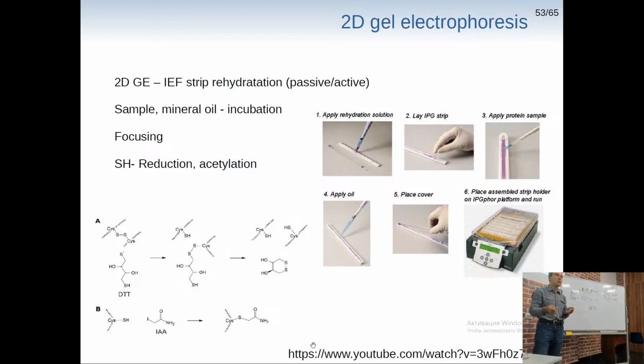Pay attention to how to do this, because there are three different ways, and the way you rehydrate them depends on the molecular mass of most of the proteins of your interest. Whether you're interested in low, middle, or high molecular mass, there are three different ways of rehydrating these gels, which can actually have some impact on your results.